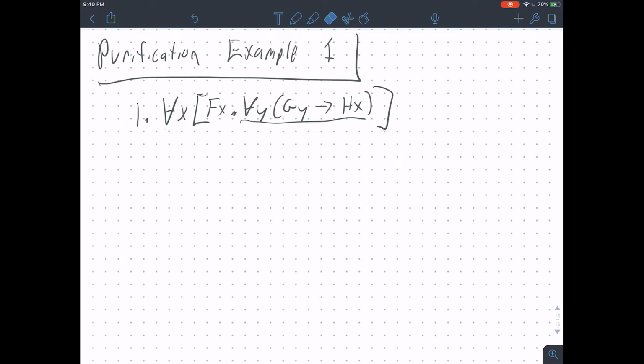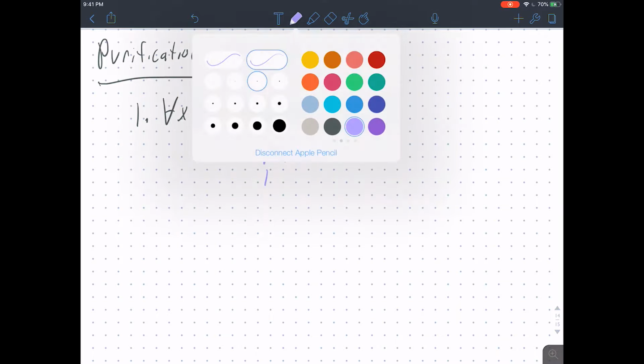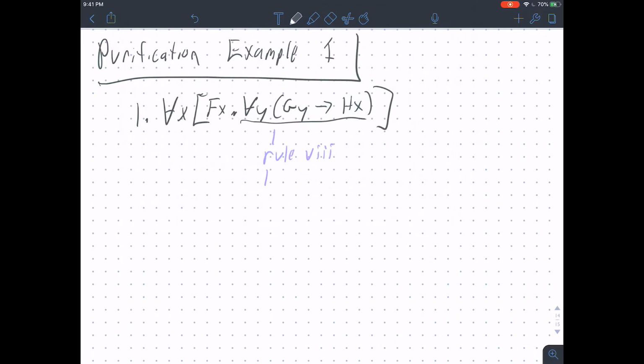Okay, so the first thing that we're going to do is apply rule 8 to this, right? And if we just look at what I underlined in isolation from everything else, this is a universal quantifier, the scope is a conditional, and the only variables bound by that quantifier are in the antecedent, okay?